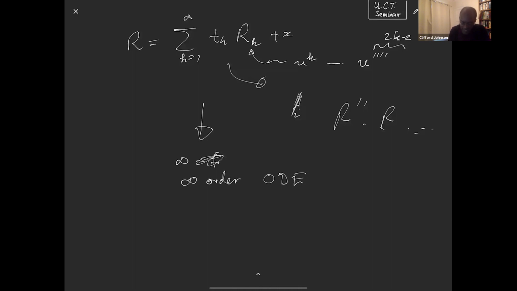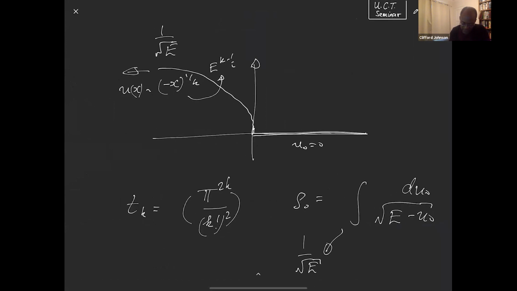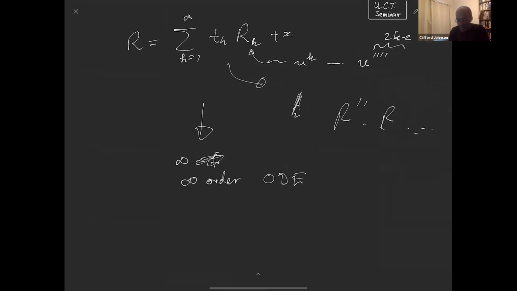Until you realize that actually, with the formula I'm giving you for the t_k, as I get to higher and higher k, the contribution of those really high orders in that differential equation are much smaller than some of the leading lower parts. So there's a sense in which I can truncate this problem.